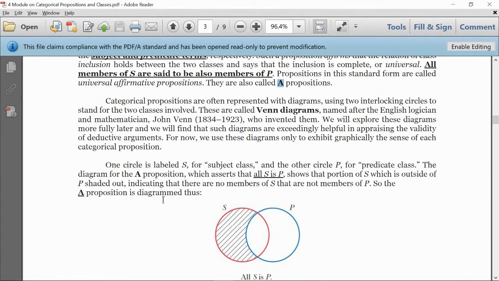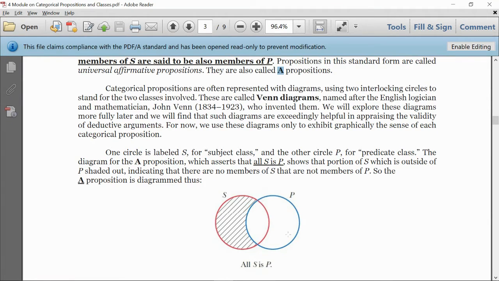So categorical propositions are often represented with diagrams using two interlocking circles to stand for the two classes involved. These are called Venn diagrams. But later on, when we get to the argument structure, because in an argument we have at least three categorical propositions, we use three circles.